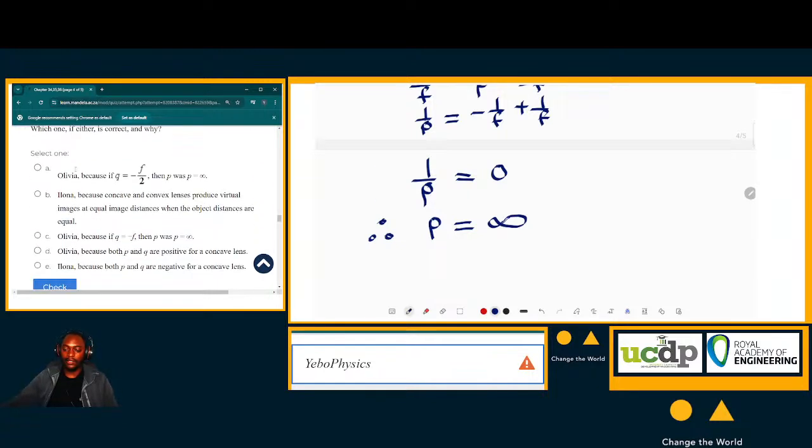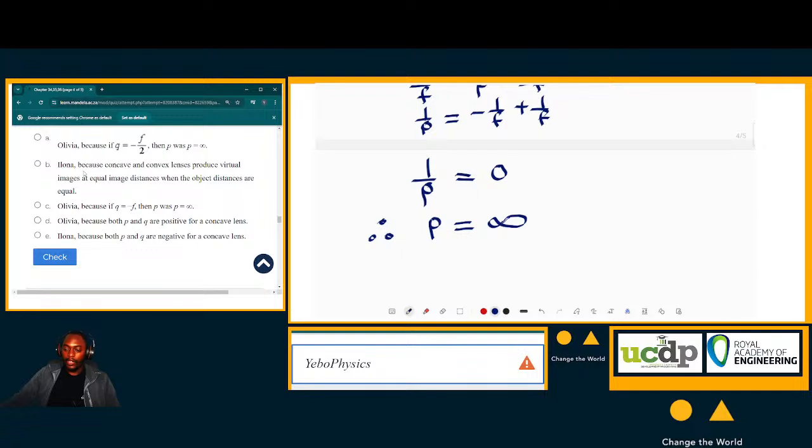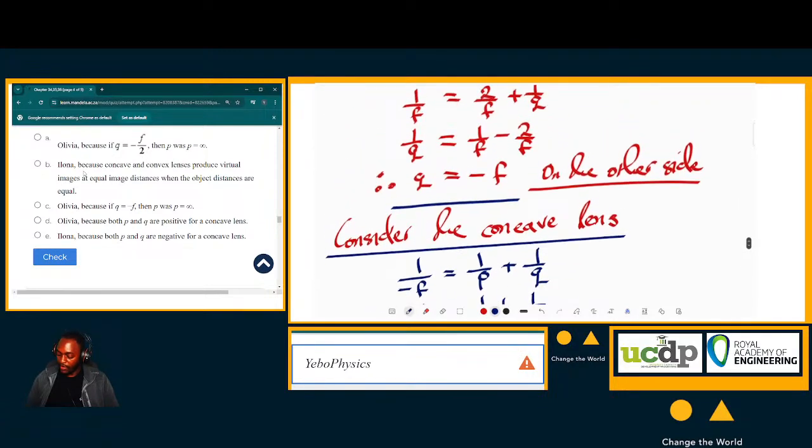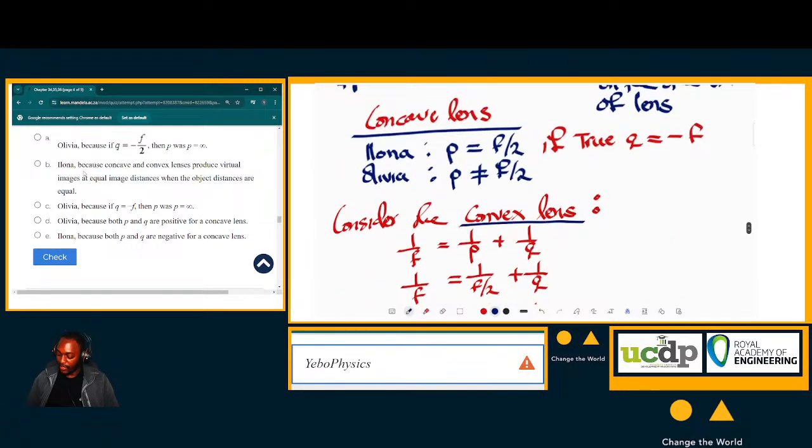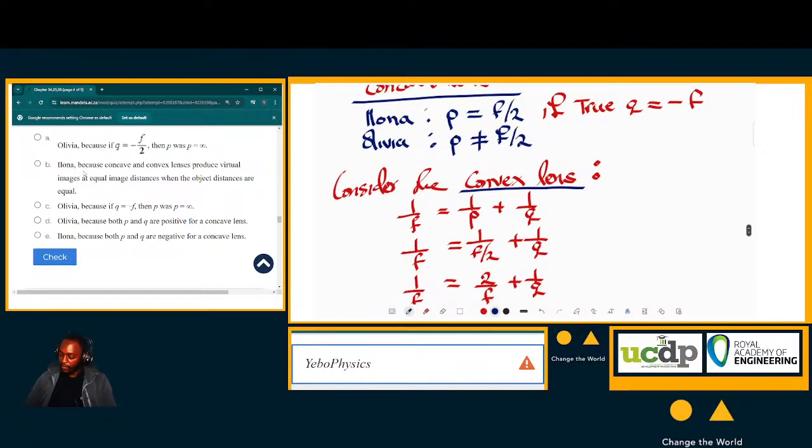That's the implication. So we can see from this calculation that if the object is placed at f over 2, it will not work, because the value of p that we're getting is not equal to f over 2.